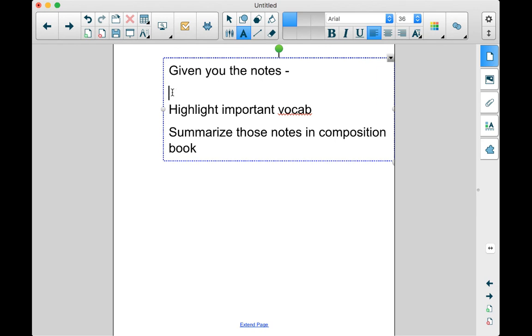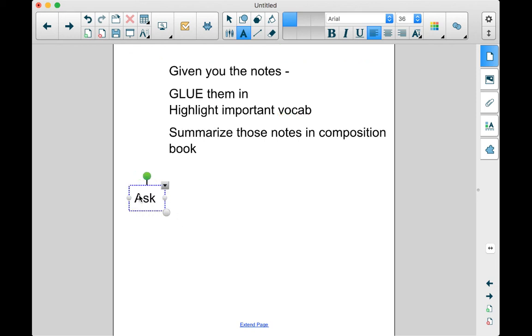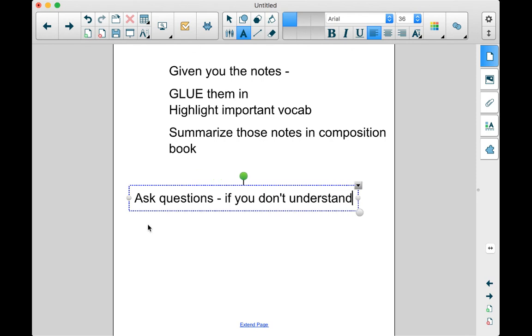Sorry, I'm changing this. Glue them in. Make sure you glue them in. Then highlight important vocab, then summarize those notes in the composition book. Please ask questions if you don't understand. Raise your hand and ask. Great.